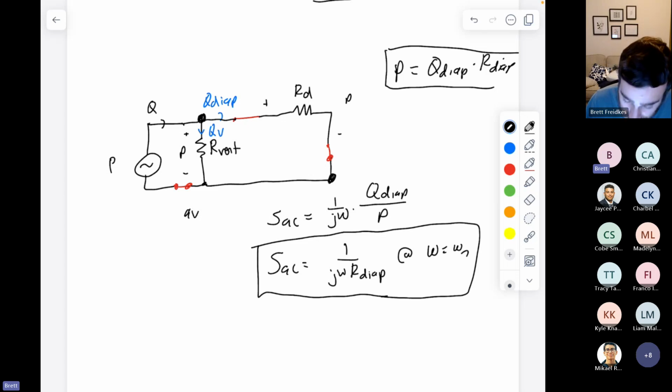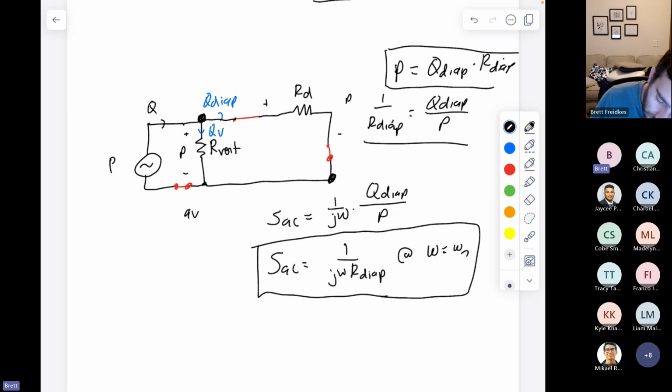And we can solve for Q diaphragm over P by bringing things over to one side. We end up getting this, which is what we plugged in to tell us what our sensitivity is at resonance.